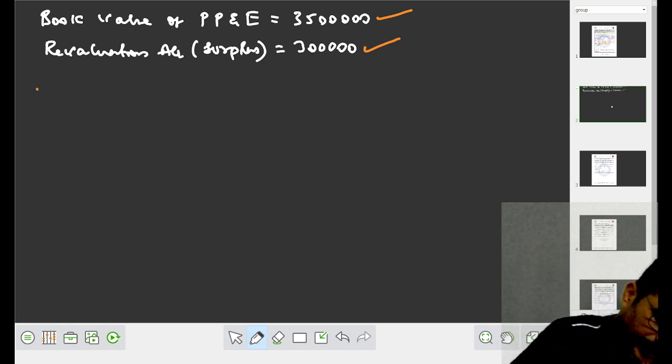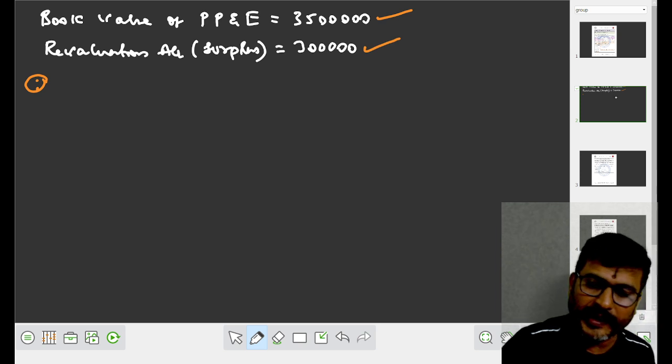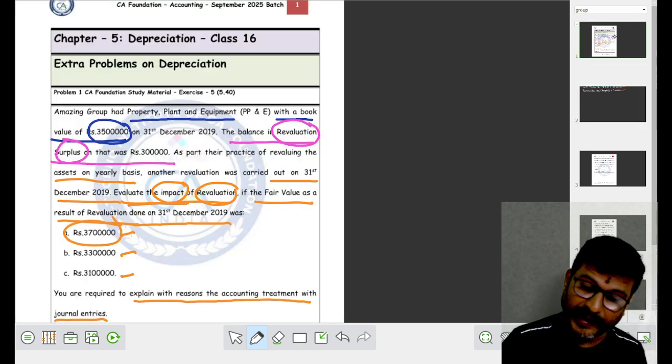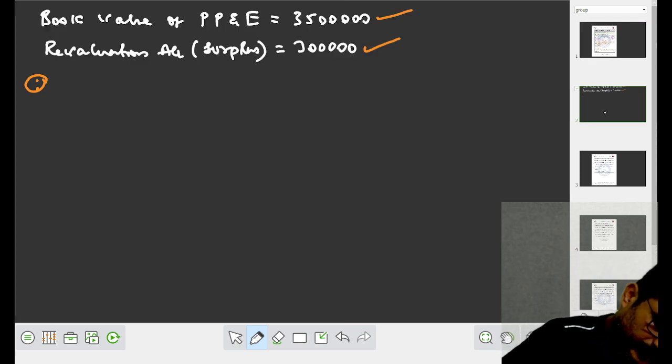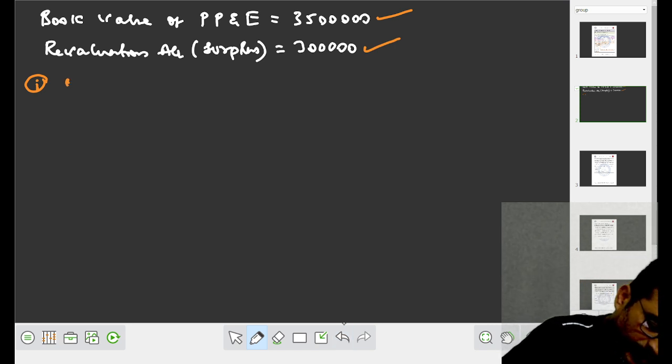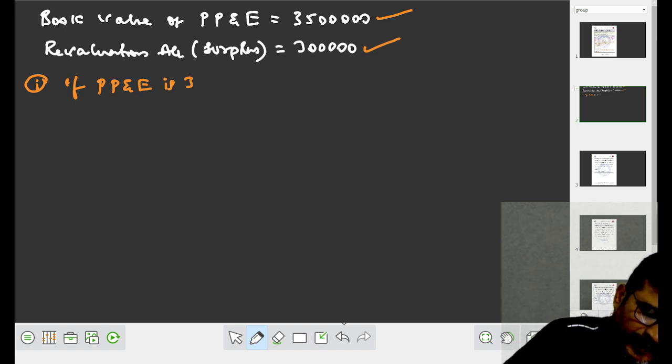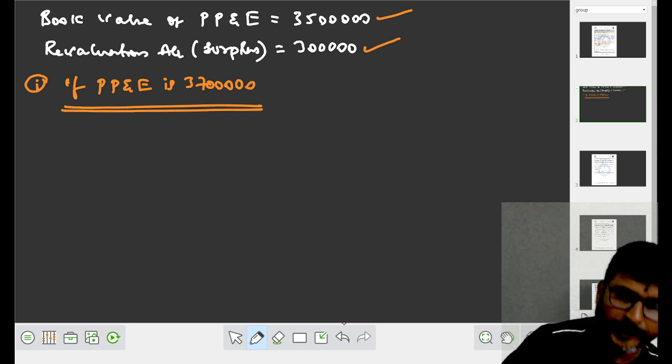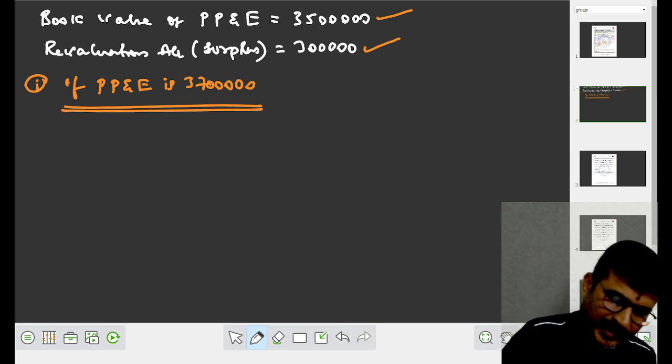Now what did they give in point A? 37 lakh. If property, plant and equipment is 37 lakh: property, plant and equipment is an asset, right?